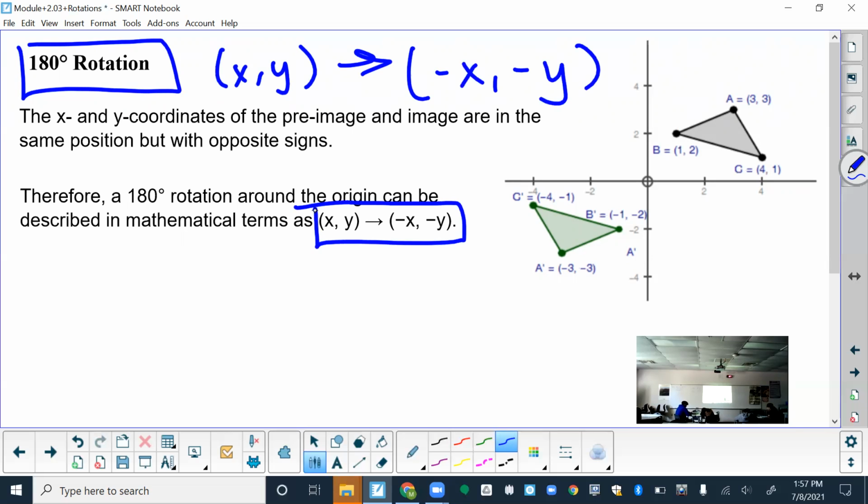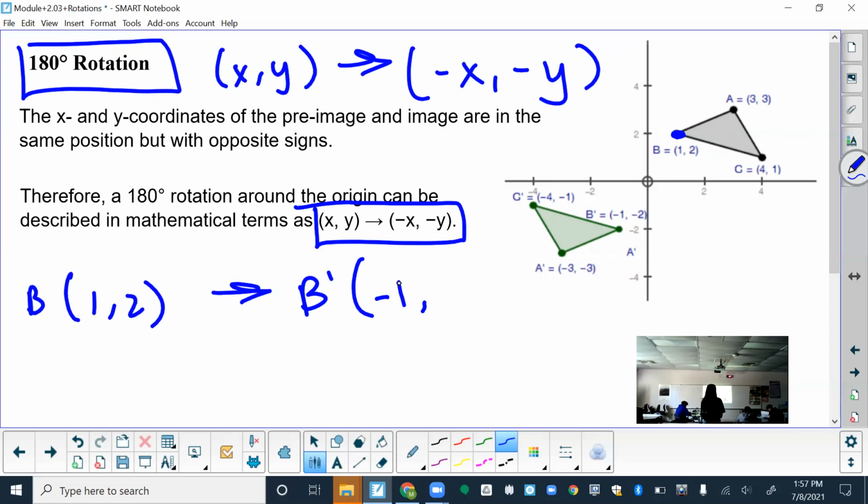So you're changing the sign that it originally was. So if my original, we'll do the B that's on this triangle, is 1, 2, then my rotated one would be what? -1, -2. So the signs flip.